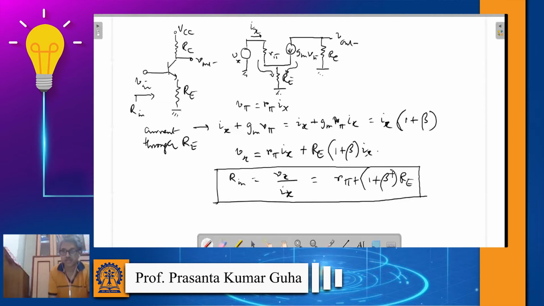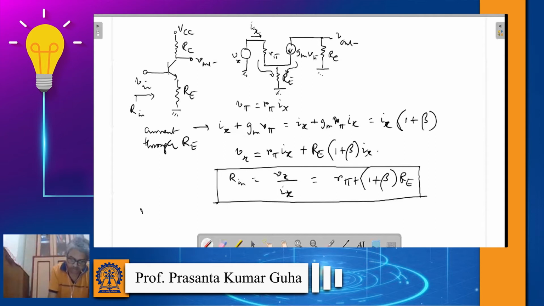So the resistance you will connect at the emitter, you have to multiply with beta plus 1. Okay, and then add to the R pi to get the input resistance. So the good thing is, this circuit not only stabilizes your bias but also increases the input resistance of the amplifier. Okay, and this increase in input resistance is you have to just multiply that resistance with beta plus 1, then you get that increment.